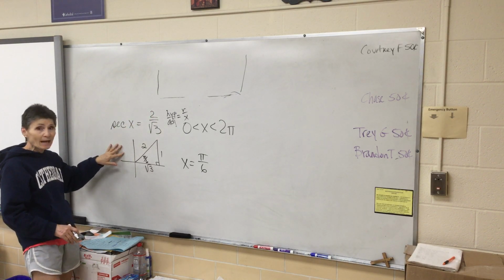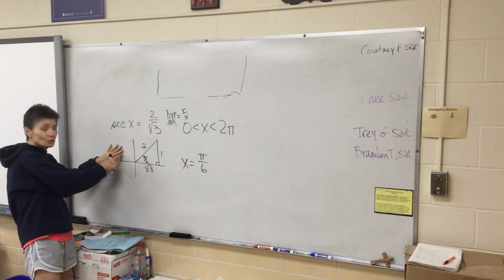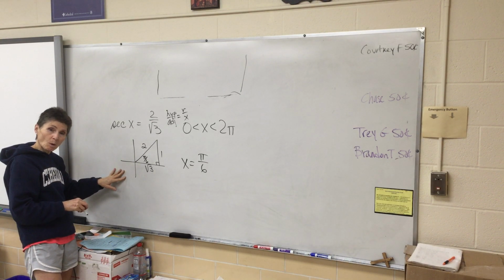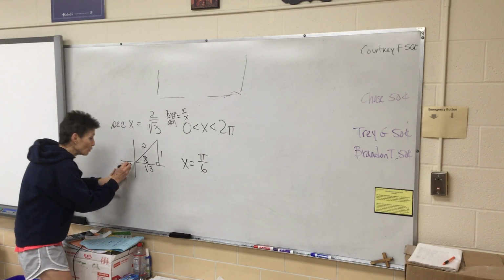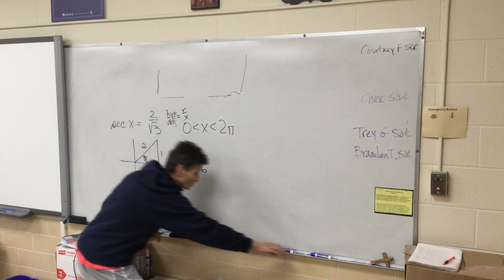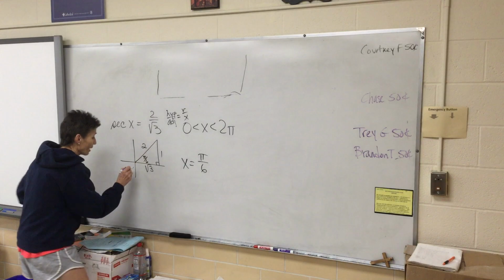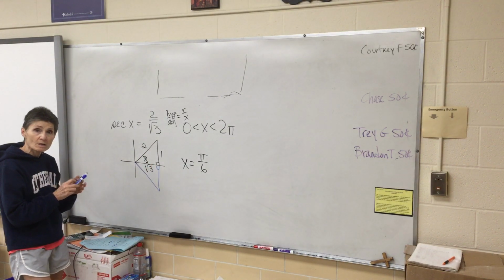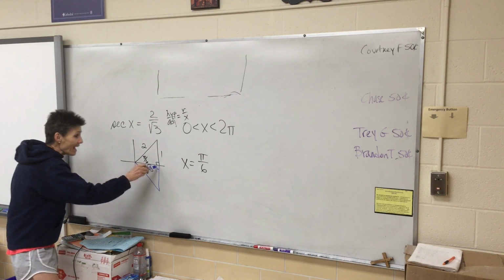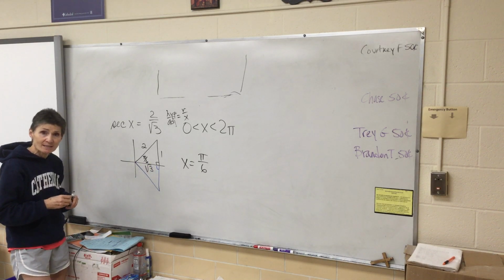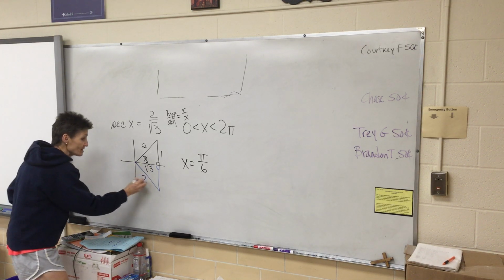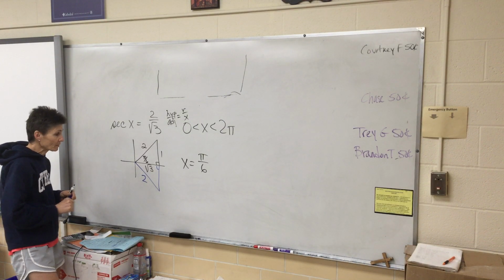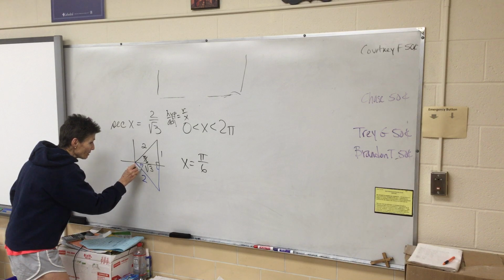So it's not going to happen. You're not going to have a solution in quadrant 2, and you're not going to have a solution in quadrant 3. But you could have another solution in quadrant 4, because in quadrant 4, the x will still be positive. This is always positive. R, hypotenuse, always positive. So this is a pi over 6 angle.